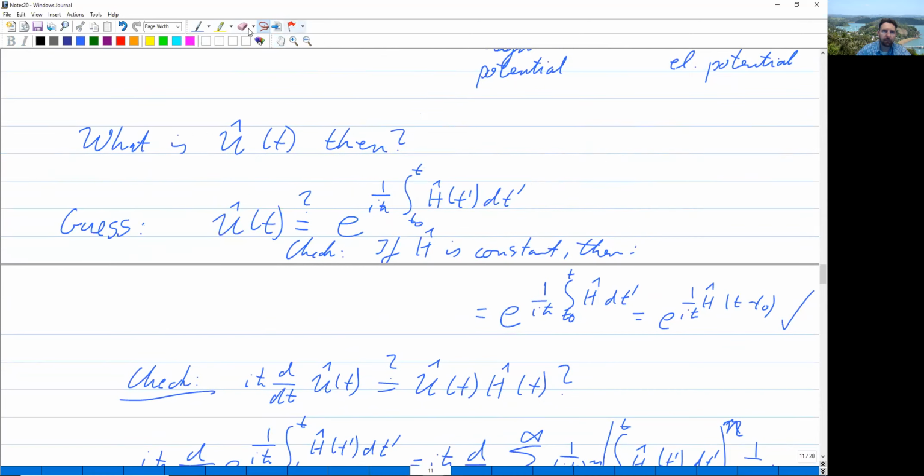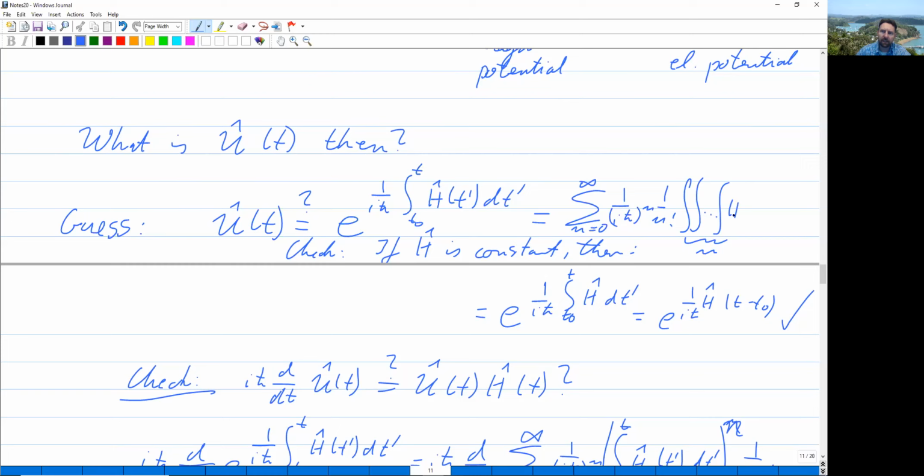If you want to spell out what this is, what is it? Well, it's the sum n equals 0 to infinity, and then 1 over IH bar to the power n, 1 over n factorial. And then we have all those many integrals, namely n of them.